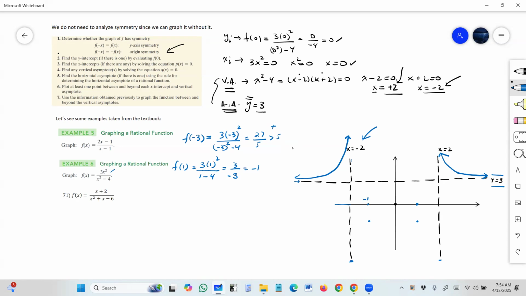This is -1. This is 1. I found the value of the function here and here, and these two lines are asymptotes. So the function has to go like this. Okay, there is no other way.